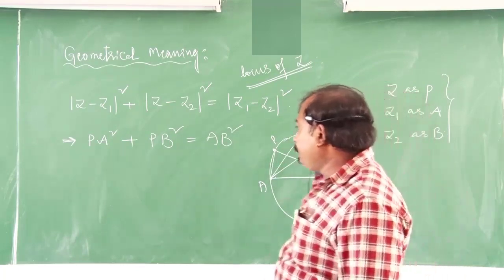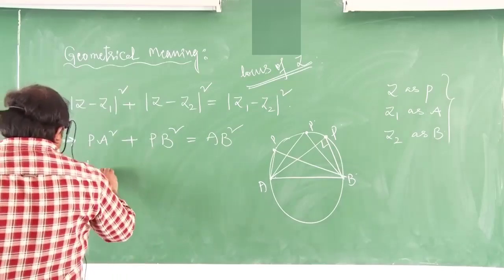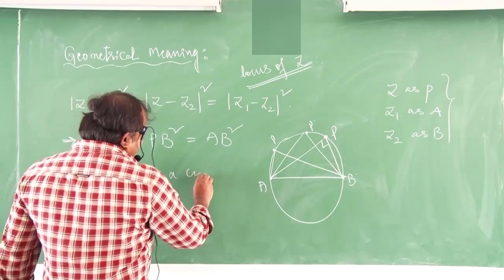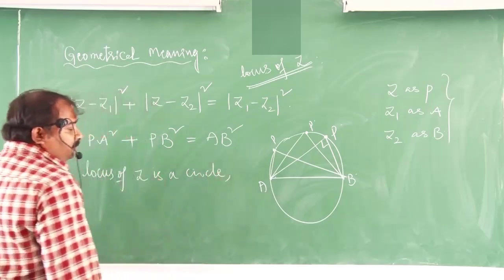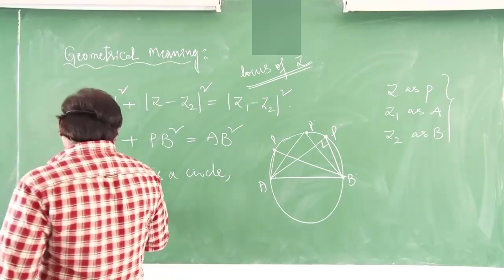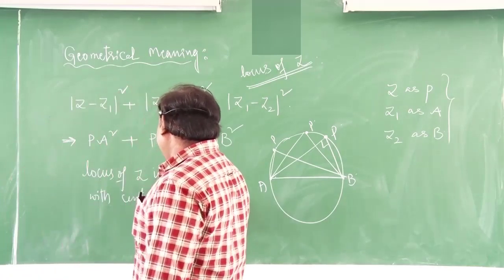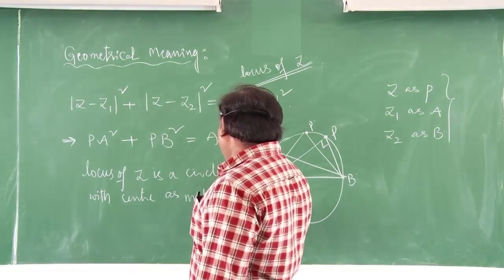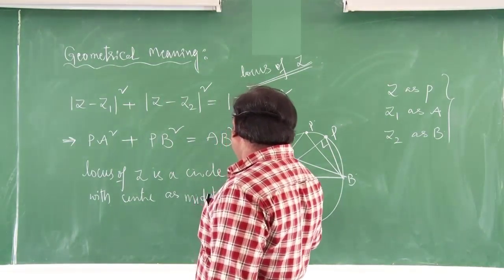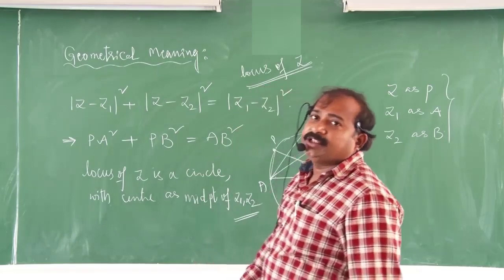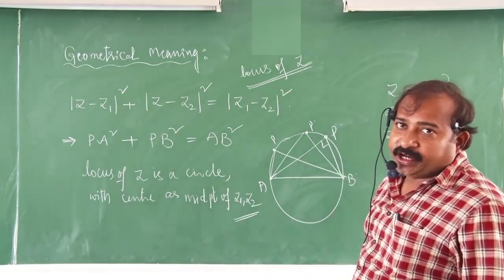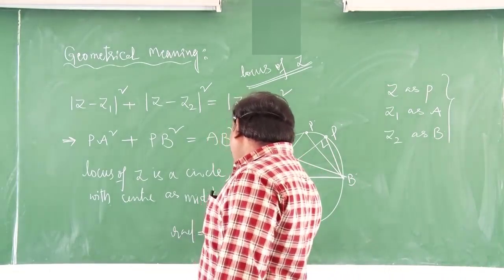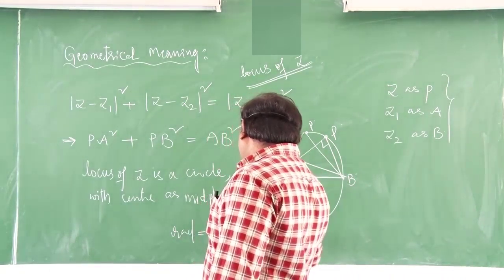So here the locus of Z is a circle with the center as midpoint of Z1, Z2, and the radius also you can get. What is the radius value? The radius of the circle is equal to half modulus of Z1 minus Z2.